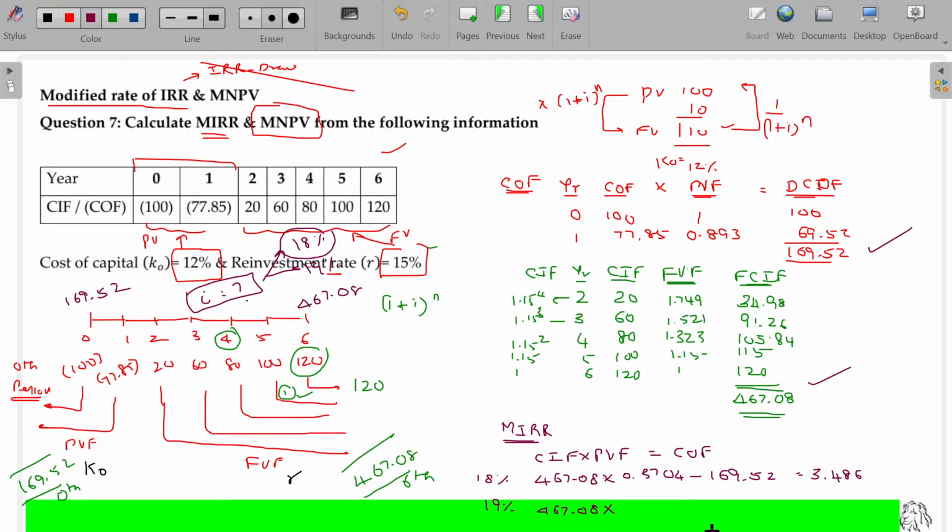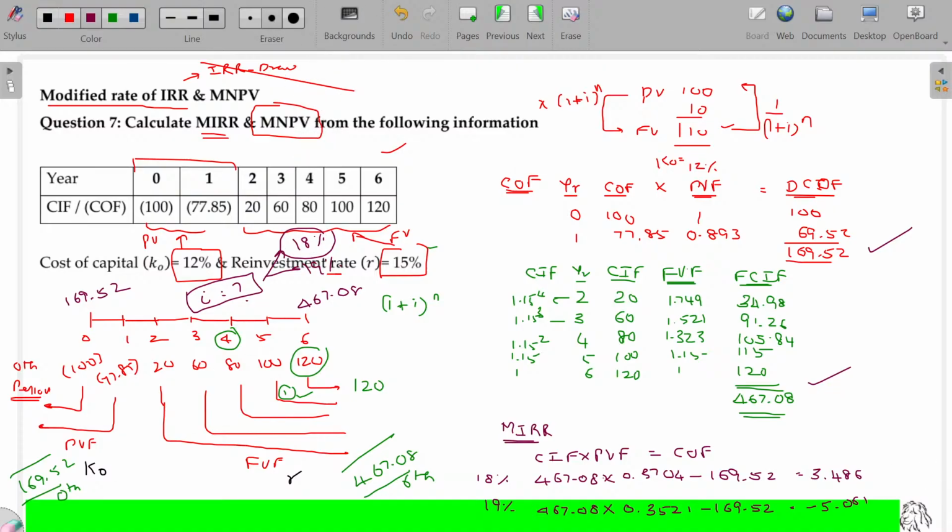I think 0.3521. So 467.08 into 0.3521 minus 169.52, so then this value being minus 5.061. So at the rate of 18% you have the positive value. At the rate of 19% you have negative value. Definitely our required answer should be anywhere between these two numbers only. Is that clear?